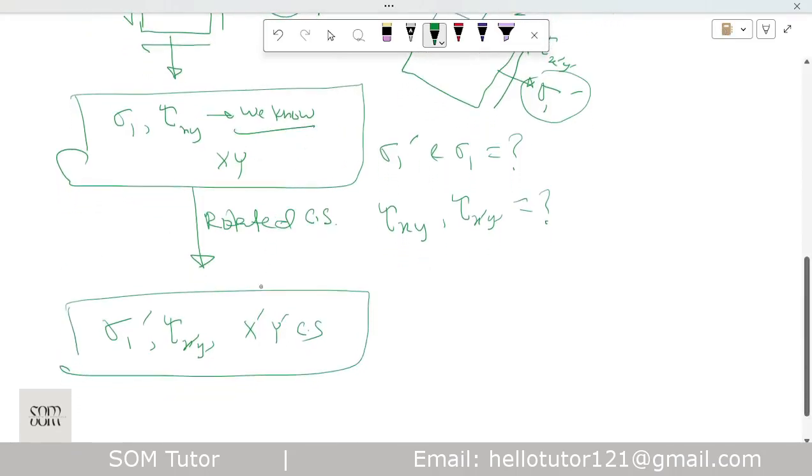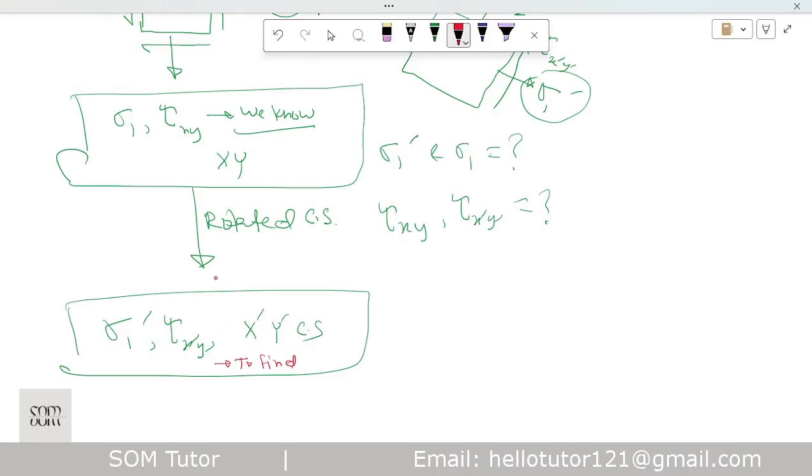We know this and we have to find the state of stress, the normal stress and shear stress, when we rotate a coordinate system.